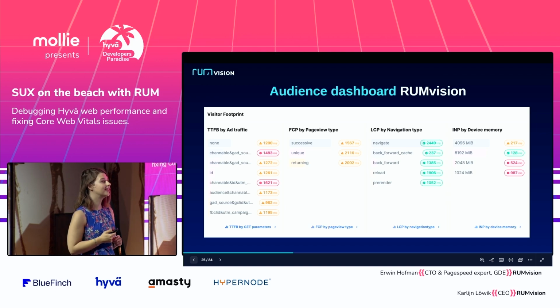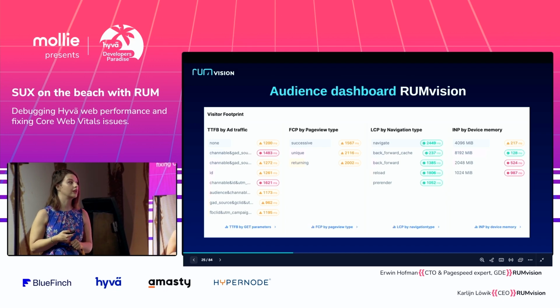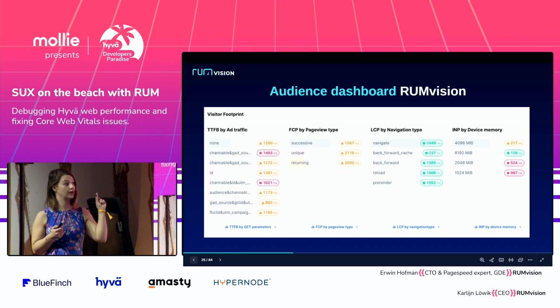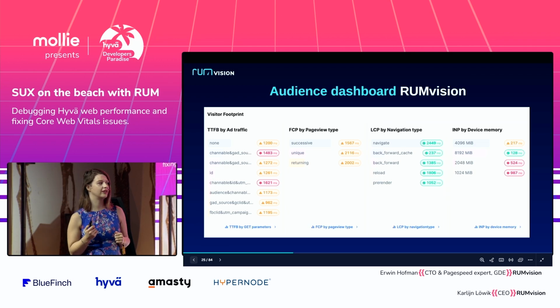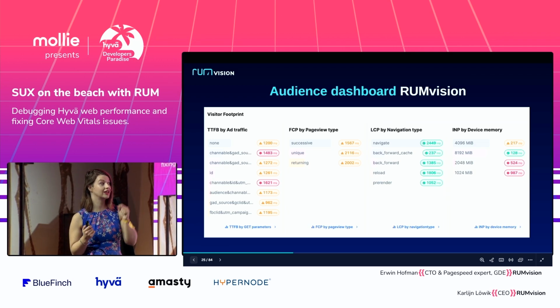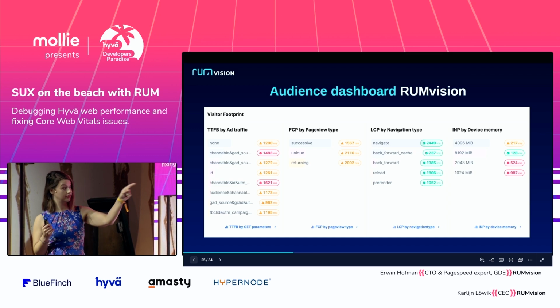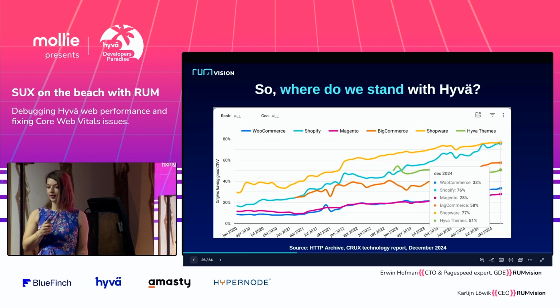But also you see that on INP and device memory, the 8 GB device has a much, much, much better experience than the low-end phones. And you can also see how much of my audience is actually on that device, because that very cheap phone, not many people are on, but actually the mid-range phone is standing the highest and therefore is the default of your audience. So you should keep them in mind and test with that.